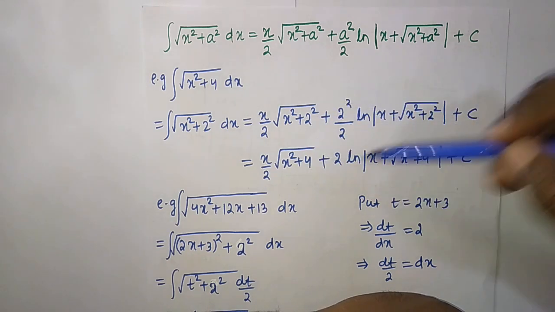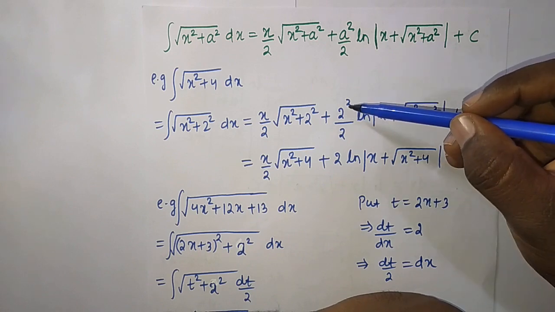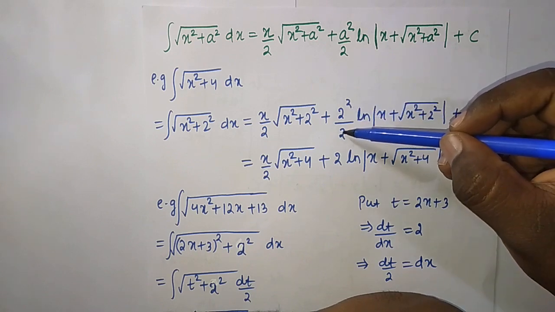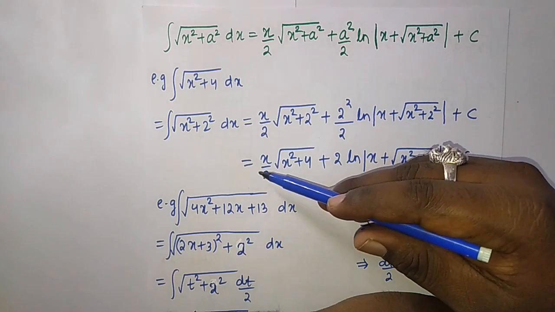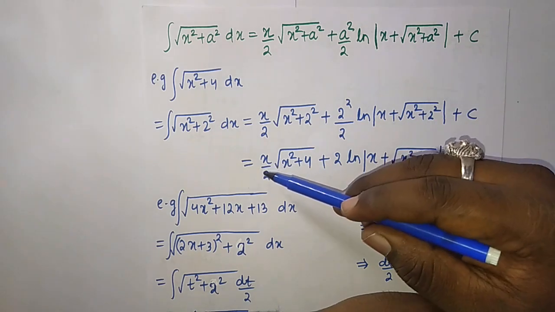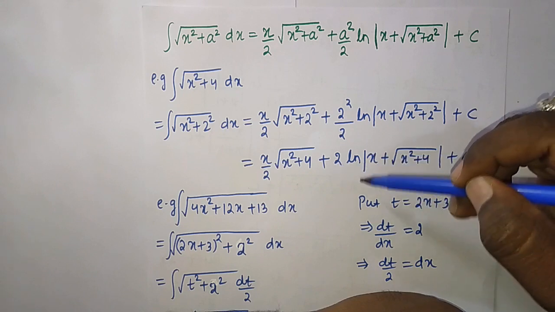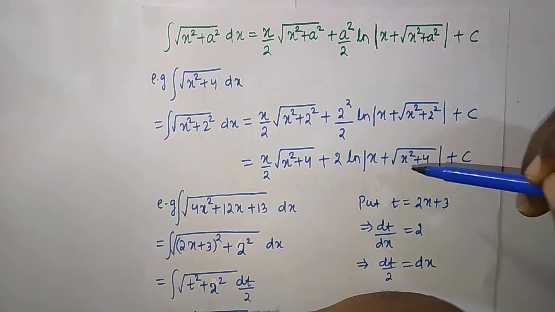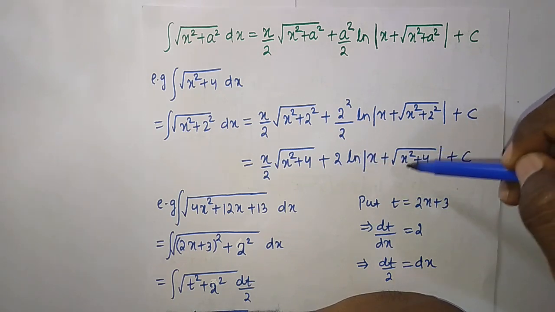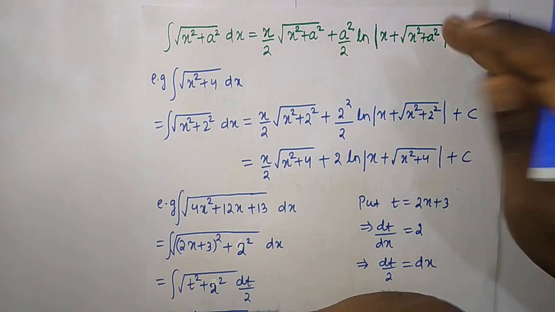By simplifying this, 2 square means 4 by 2 is 2. Here answer is x by 2 root of x square plus 4 plus 2 into ln modulus of x plus root of x square plus 4 plus c.